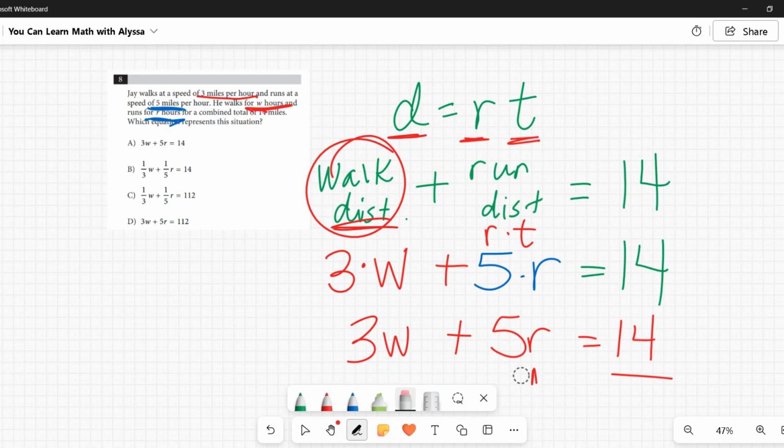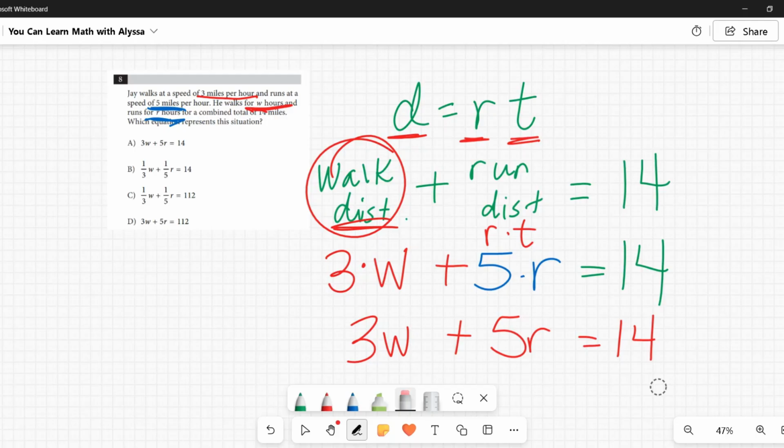Distance equals rate times time can be used in many different ways on the SAT. Even if you're saying, well, I could have figured that out without doing the distance equals rate times time, I could have just looked at it, that's awesome. There's nothing wrong with that. But knowing that distance equals rate times time is a very important little formula to remember.